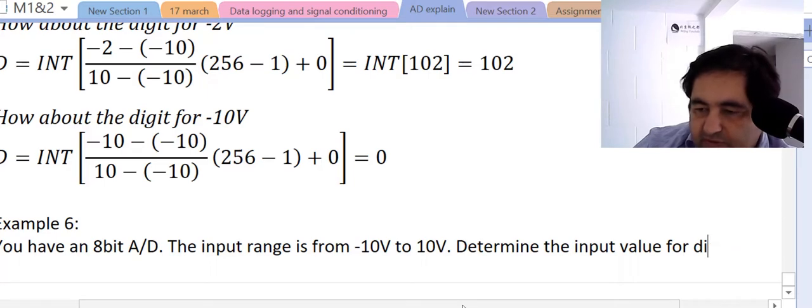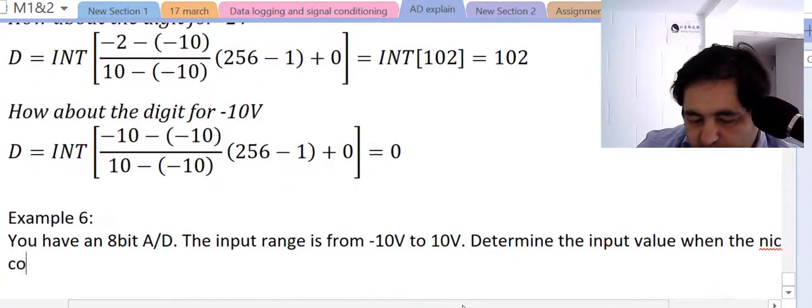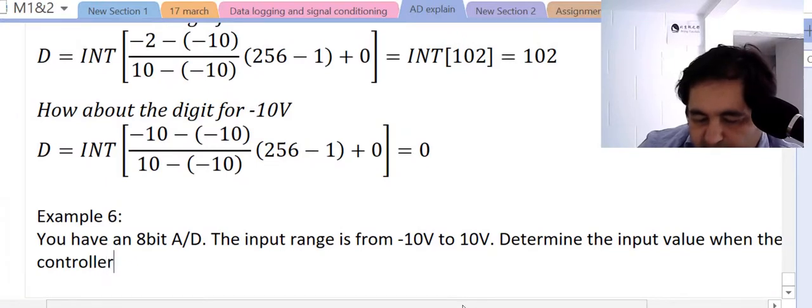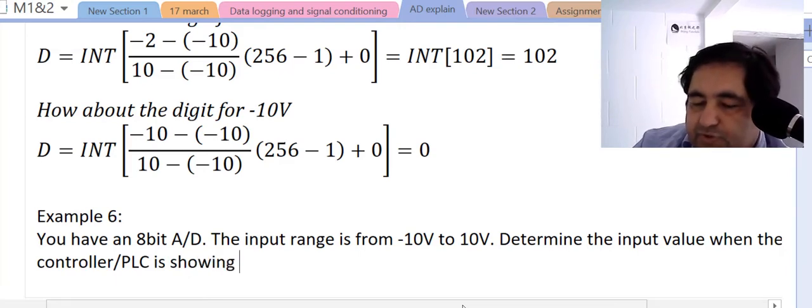Let's write it like that. When the microcontroller or PLC is showing, for example, 127.